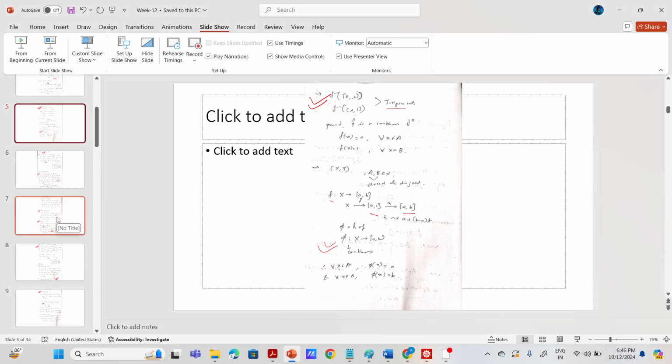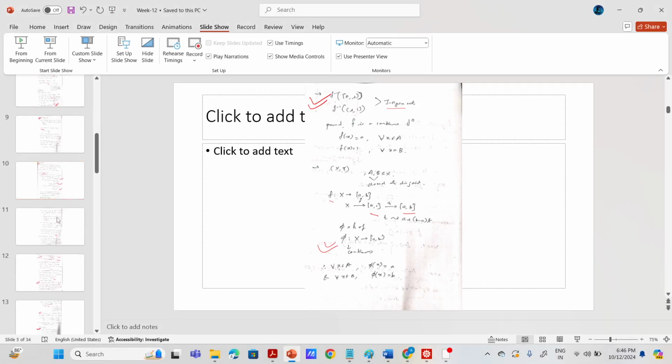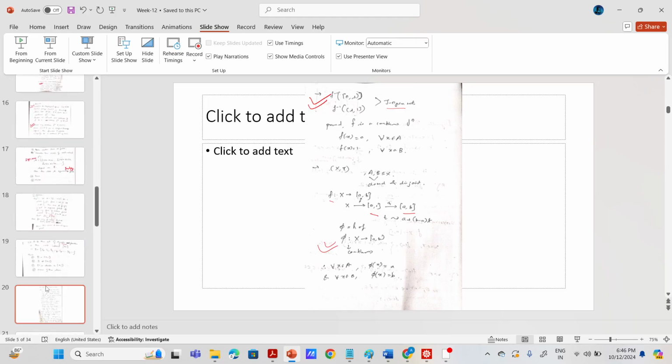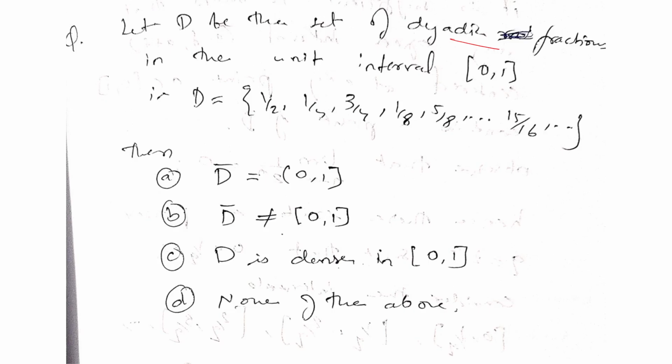Actually, it was discussed in the lecture that it is a dense subset. So can you prove it? क्या प्रूव करना है मैम कि ये डेंस सबसेट होता है?